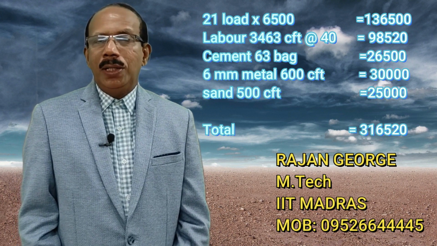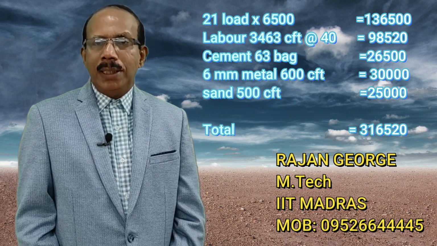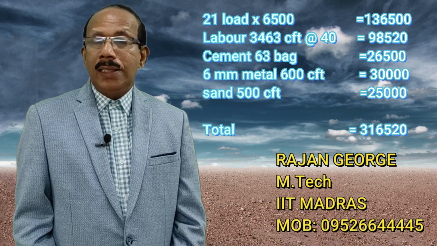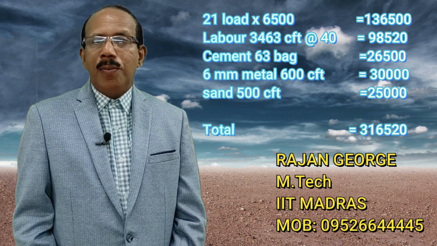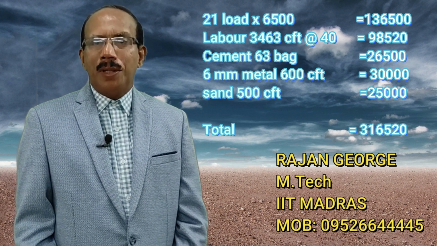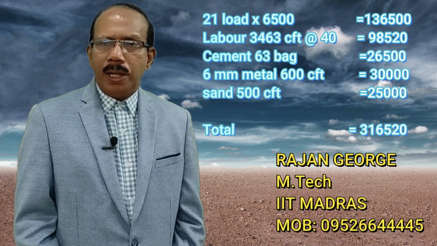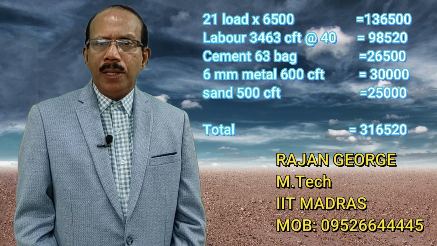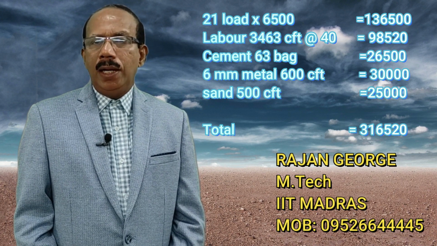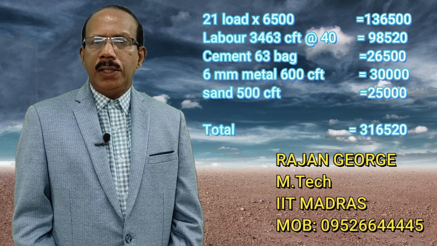So the cost of rubble is 21 loads, at 6,500 rupees each, 136,500. Then labor at the rate of 40 rupees per cubic feet, it is 98,520. Cement 63 bags, 26,500. Then 6 mm metal, 600 cubic feet, 30,000.